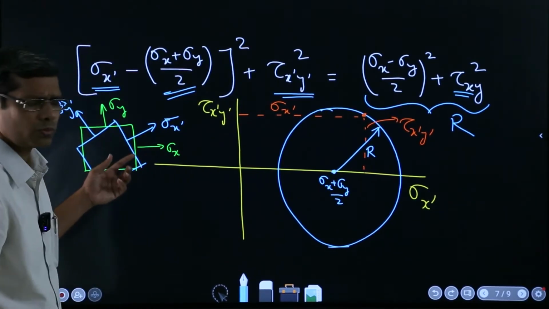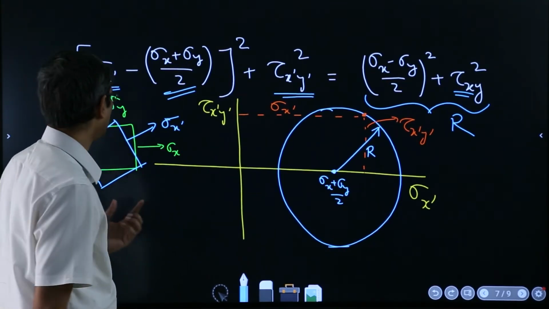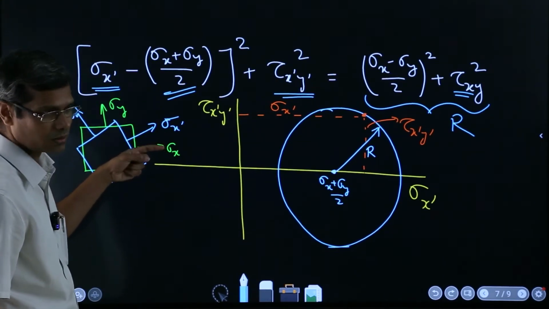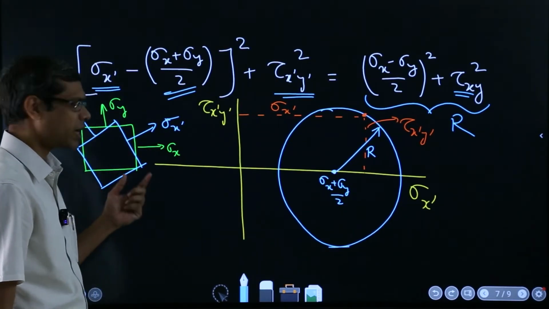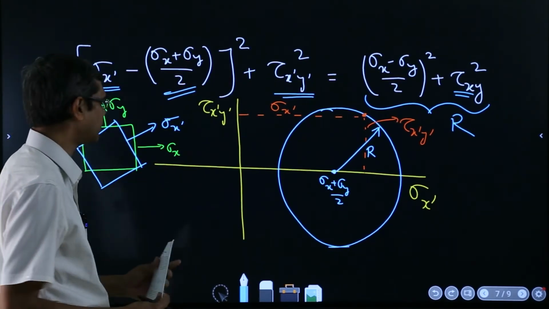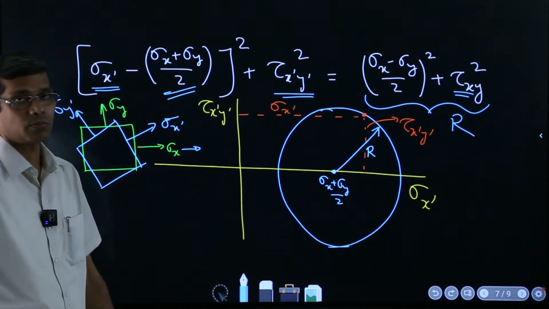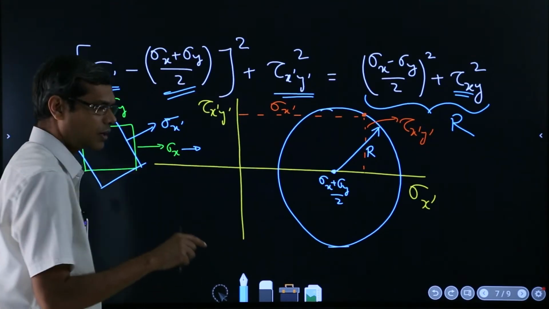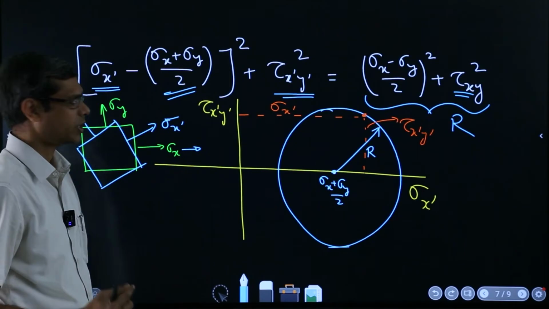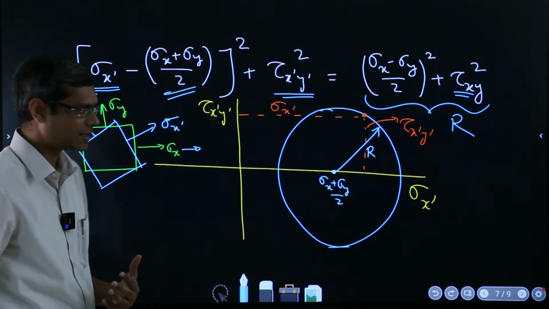Now, there is no specific preference for this axis over this axis. Only thing, if we have measured certain values by putting a strain gauge, then obviously this axis means more to us, because we know that on the actual physical situation there is a direction in which we had put a strain gauge, and that obviously will feel like our original x axis.